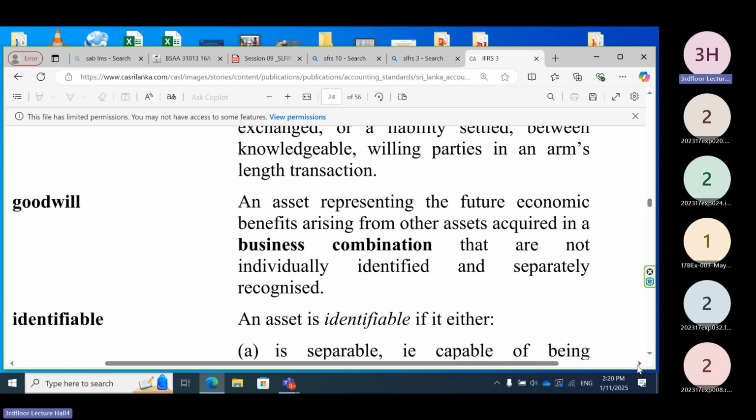That's why we go with the proportionate method. Proportionate goodwill.